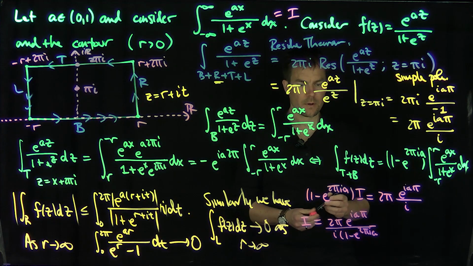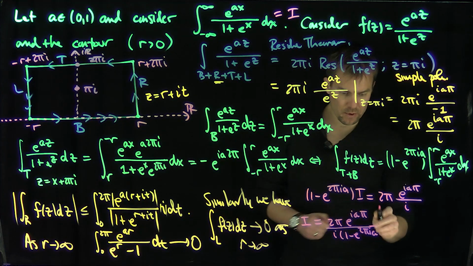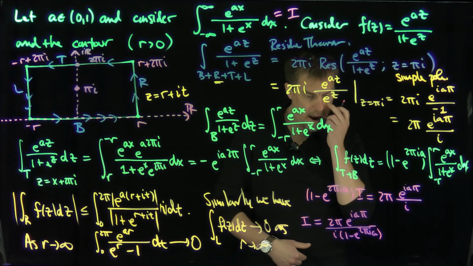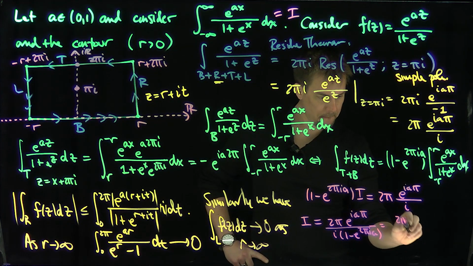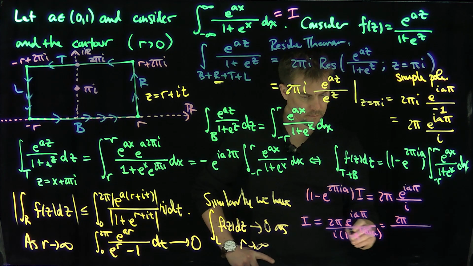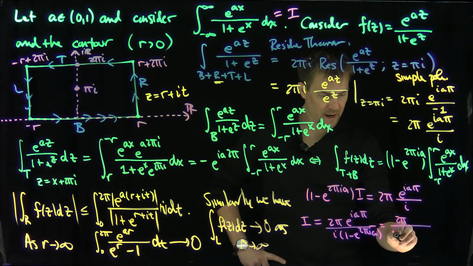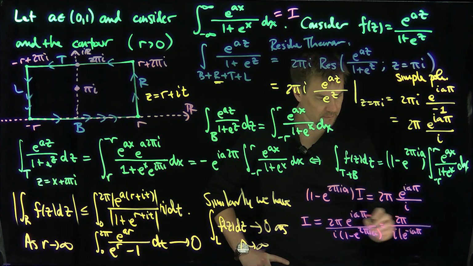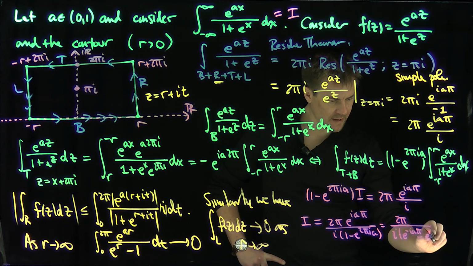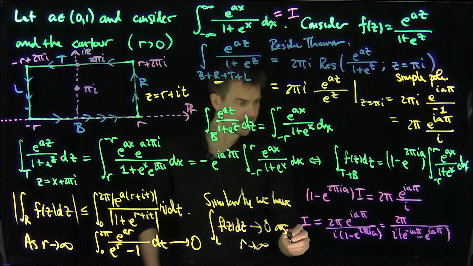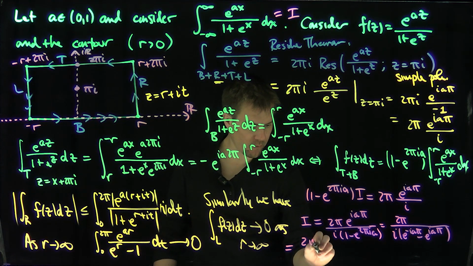Good. And then what's going to happen over here? So now I can multiply by e to the negative ai, and what will that become? This is going to become 2 pi over, and then i, and then e to the negative i a pi minus e to the i a pi like that. And I can put the numerator on top, so I can put this as a 2 pi over.